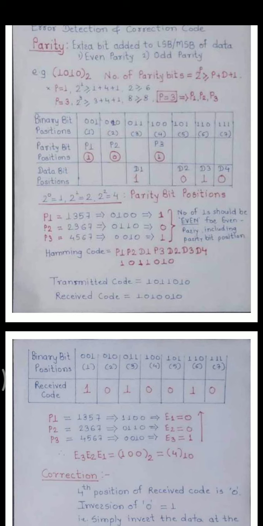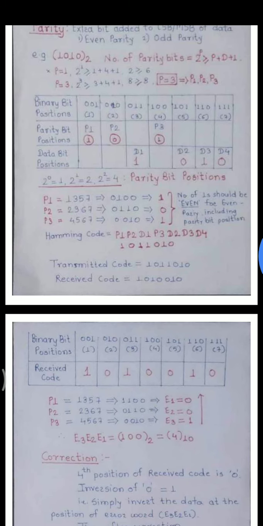So for making even parity, or adding an even parity bit, we have to write a 0 for this 0110 data. We have to add a parity bit as 0 only, so that the number of ones remains even as it is.